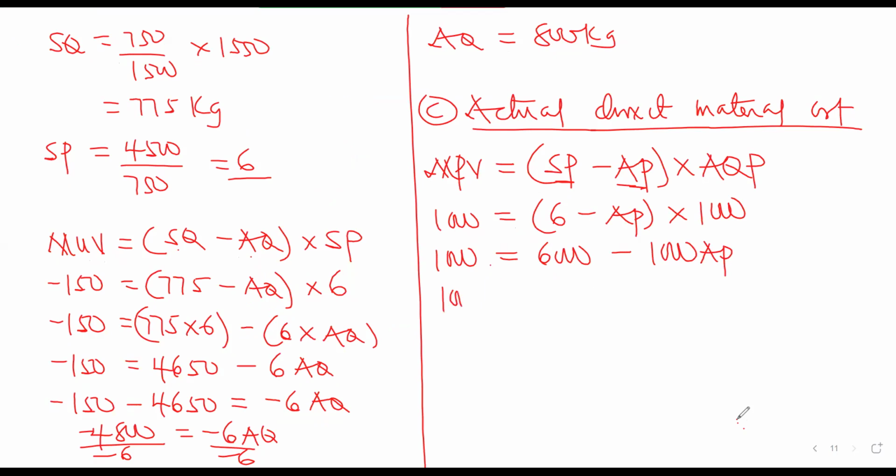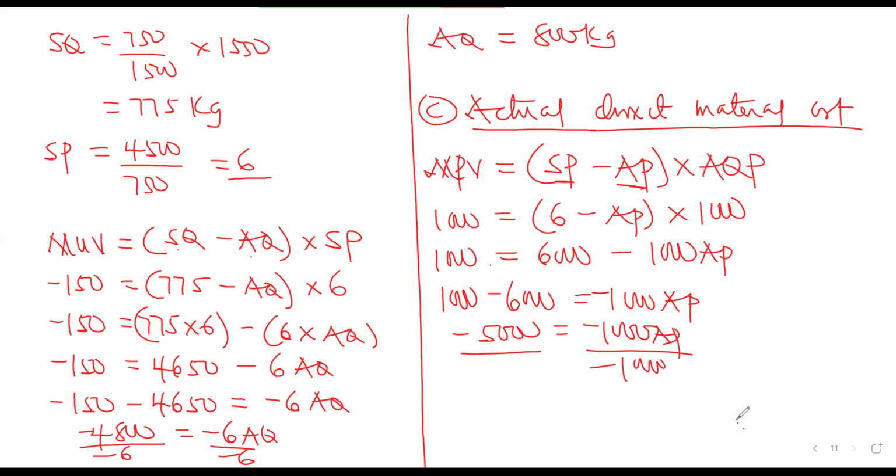Okay, so we have 1,000 equal to 6,000 minus 1,000 AP. So this will be 5,000. Negative 1,000, negative 1,000, what are we having? 1,000 positive. So that will be 5, Ghana cedis. But they are asking for what? They are not asking for the price per unit or per kilogram.